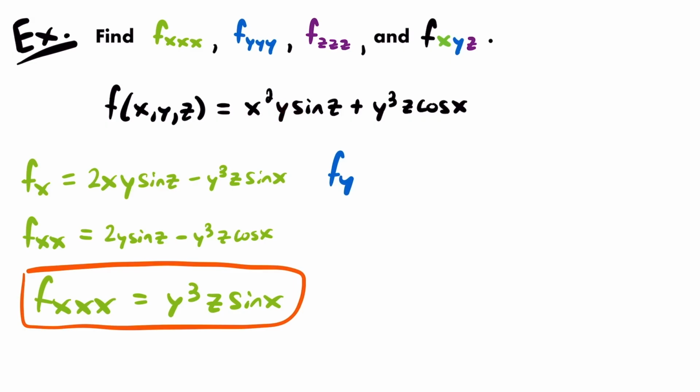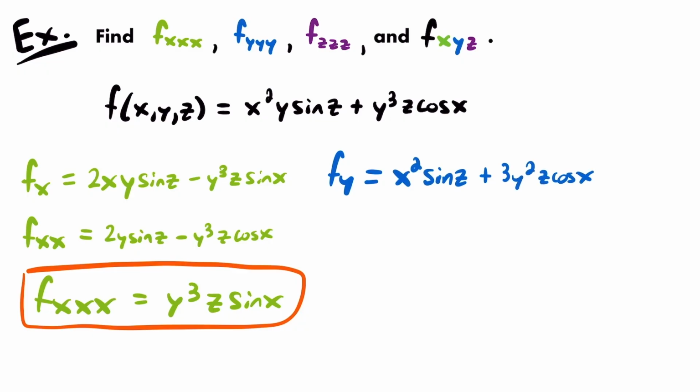So really, just take out that y, and you get the derivative of that first term with respect to y. You'll get x squared times sine z. And then for the second term here, we have y cubed times z times cosine x. z and cosine x are just constants with respect to y, so take the derivative of y cubed using the power rule and leave everything else alone, so you'll get plus 3y squared times z cosine x.